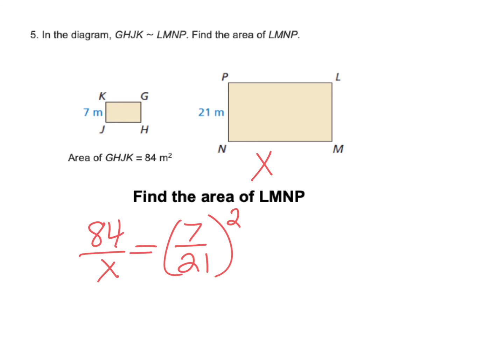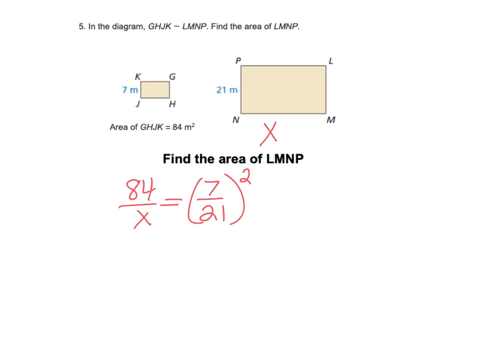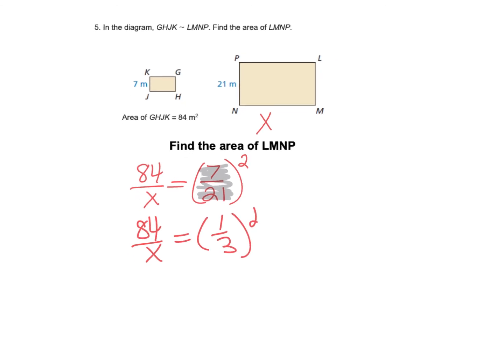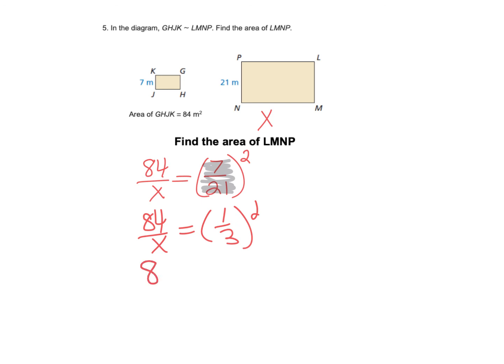Okay, so we can look at this a couple of ways here. So we have 84 over x. If we simplify this fraction inside of here, 7/21, we get 1/3. But we still haven't squared it yet. All I did was simplify it. And I need to keep that 84 over x here. I haven't done anything with that.